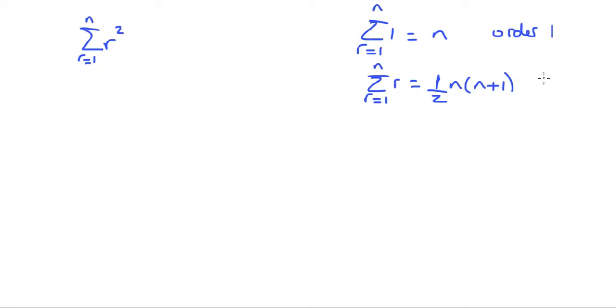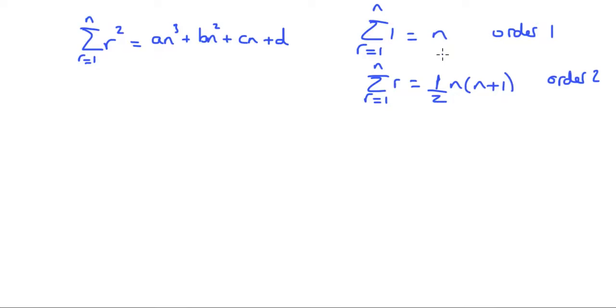If we multiplied it out, we'd have a quadratic, so the order of that one is 2. It would make sense then that the order of this one is going to be some sort of cubic, so it's going to be of the form an cubed plus bn squared plus cn plus d.